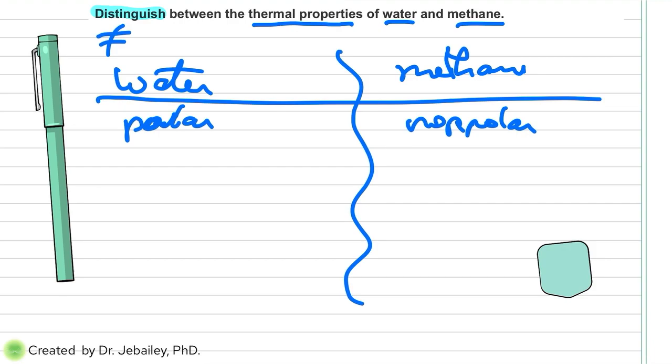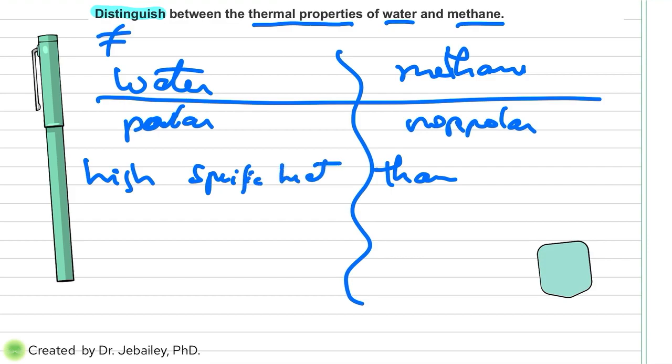Because water is polar, water has high everything compared to methane. So say high specific heat, then methane. High boiling point, then methane.